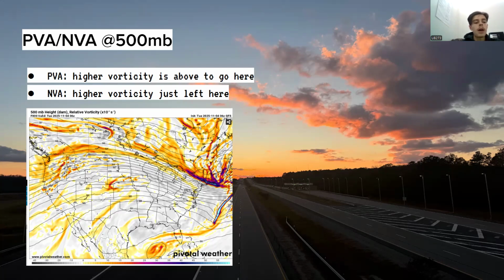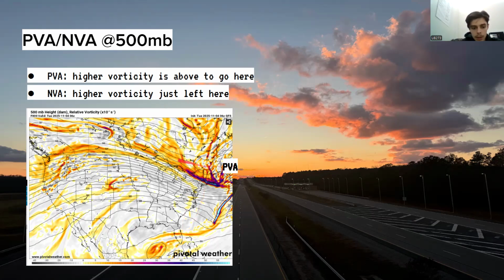If we have positive vorticity advection, higher vorticity is about to go there. So in this situation, we have positive vorticity advection right here because this is about to be advected here. This is a map of vorticity advection, and there's higher vorticity in these dark colors.